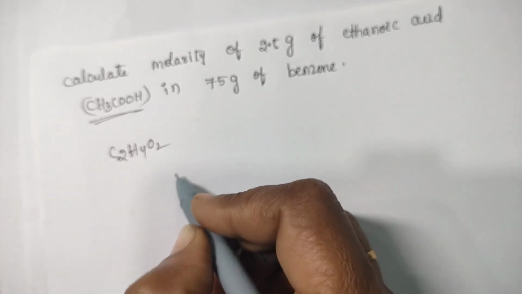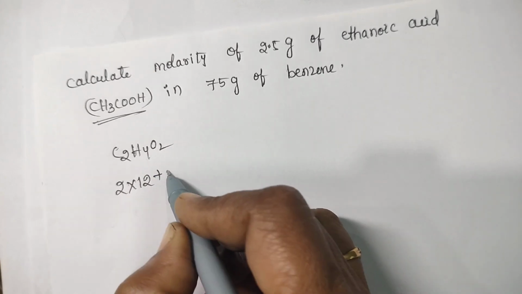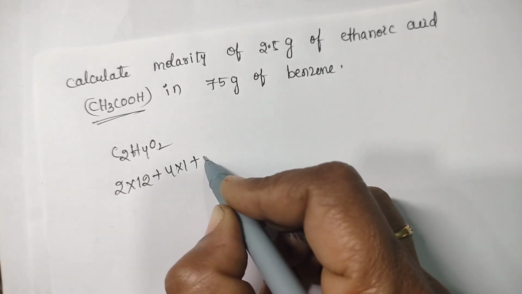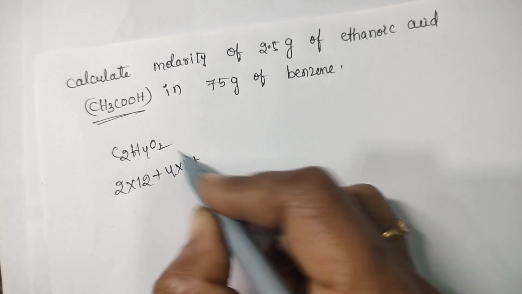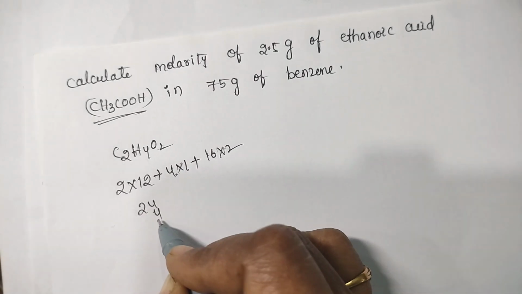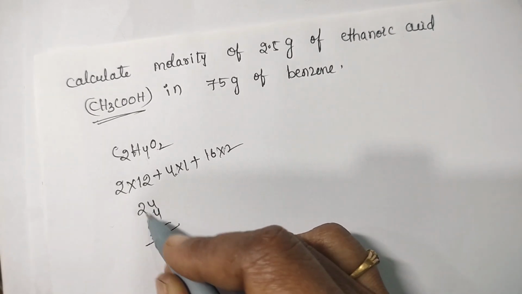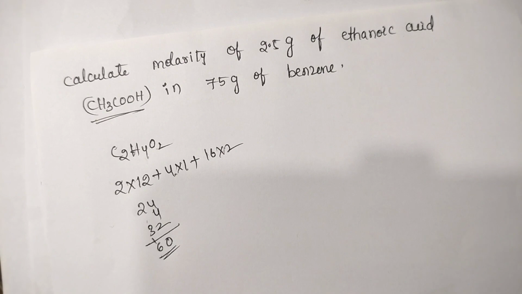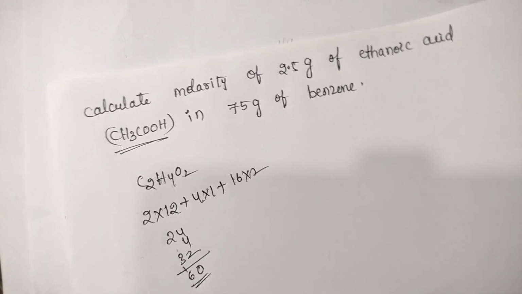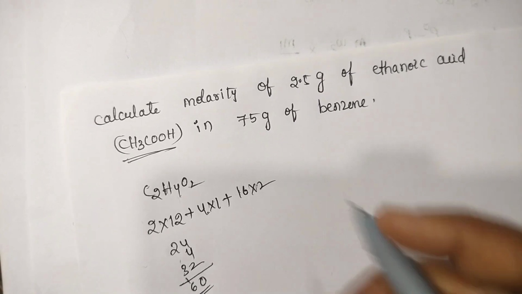How many oxygens? 2 oxygens. Now carbon means 2 into 12 plus hydrogens 4 into 1 plus oxygens 16 into 2. Now 24, 4, 32. So total will be 60. Mass of this ethanoic acid will be 60.